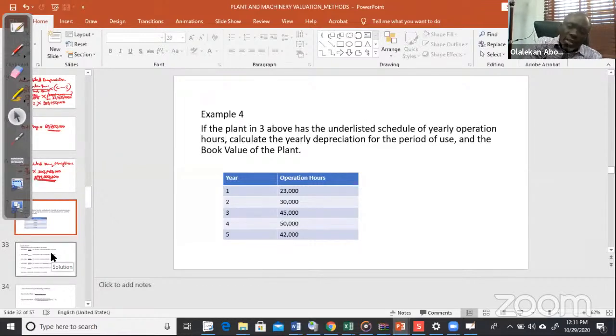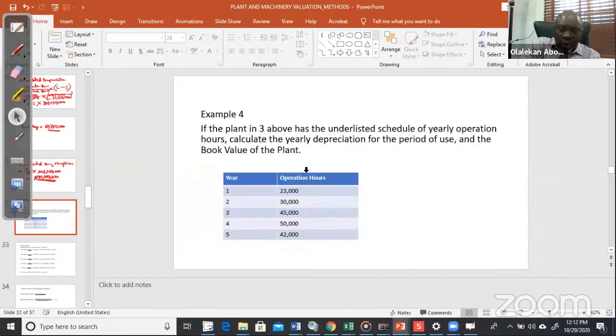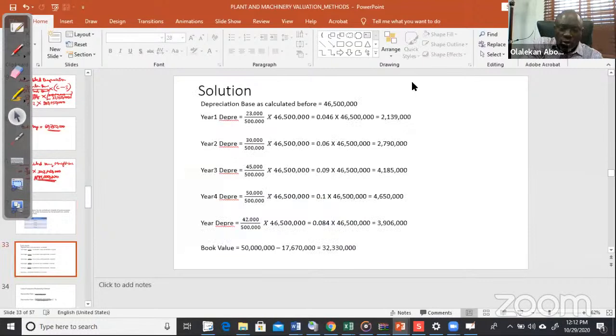You have 2 ways to answer this question. The 2 ways will give you the same answer. But for the first one, don't forget that in this case, you have been given operation hours year by year, different years, and you have your total production hours, which was, I think, 500,000. So this is the solution.